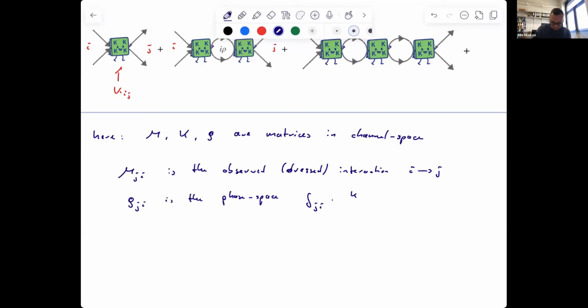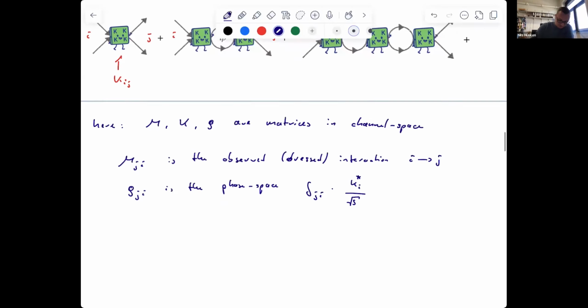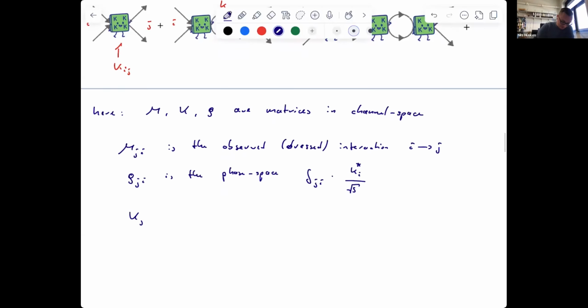And then this is really just the breakup momentum of the two particles in channel I in the center of mass frame divided by the center of mass energy. And so what's left then is our K matrix itself, and this is really just the bare interaction between the particles.